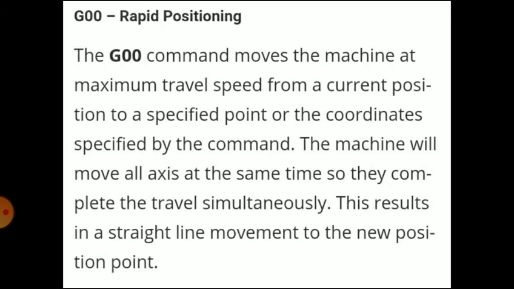Now we will see the different codes used in part programming. So G00 means it is rapid positioning. The G00 command moves the machine at maximum travel speed from the current position to a specified point or the coordinates specified by the command. The machine will move all axes at the same time so they complete the travel simultaneously. This results in a straight line movement to the new position point.